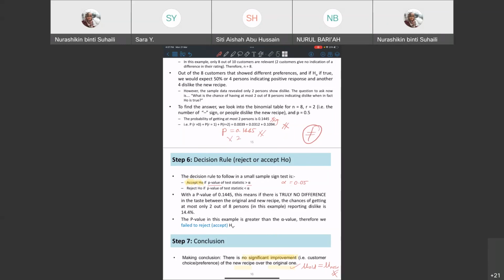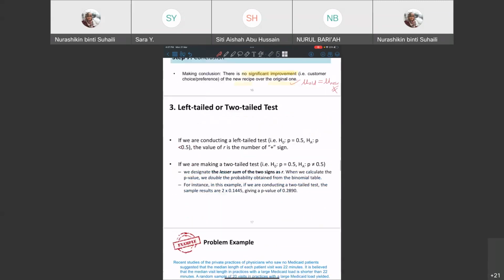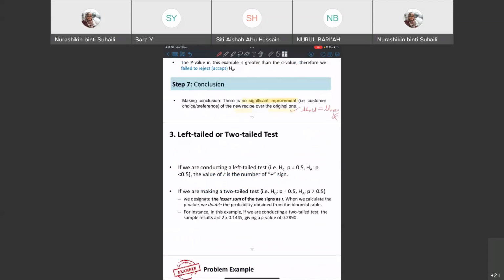Here, multiplying by 2 gives 0.289. Let's say p equals 0.289, and only then you compare this 0.289 with 0.05. That is for the two-sided case. That's the difference, and that is what is meant by one-tail or two-tail test.